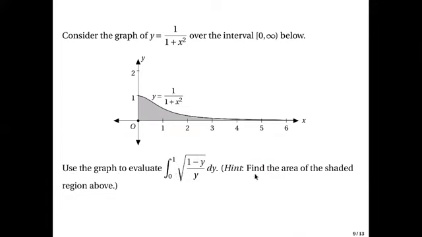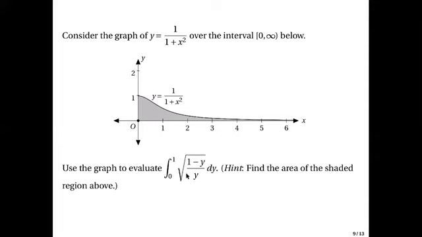So the hint was find the area of the shaded region above. Okay? Find the area of the shaded region above. I'll just give you the hint and the setup of the definite integral. Why we can just use the area of the region in order to evaluate this.